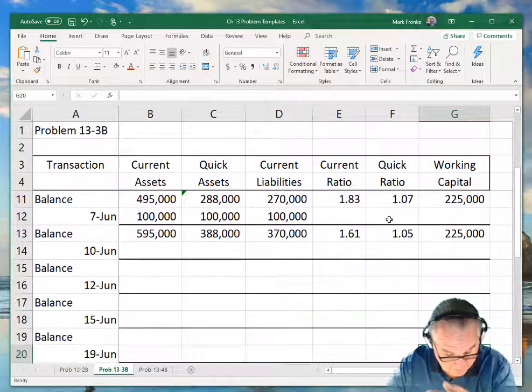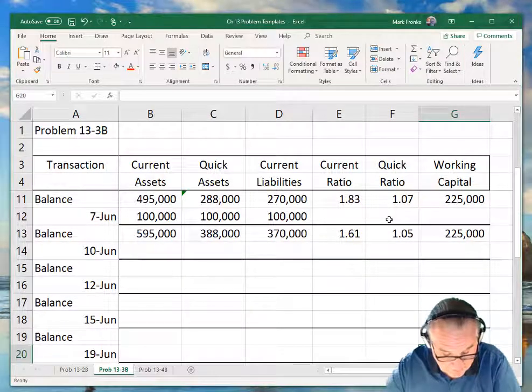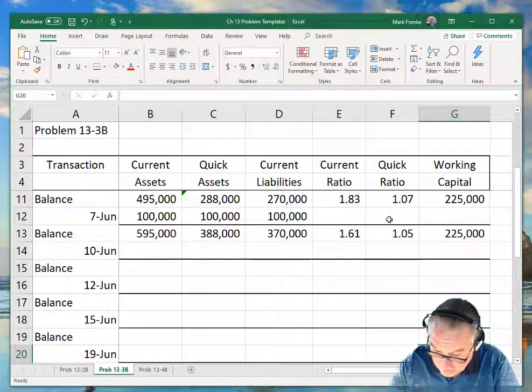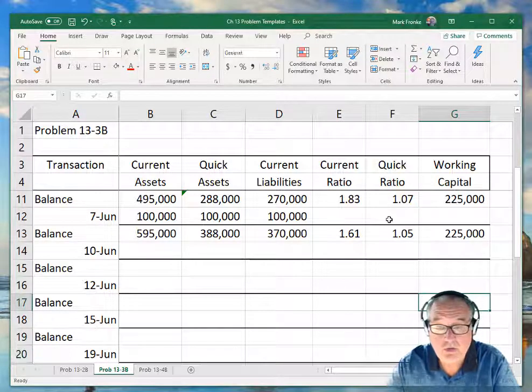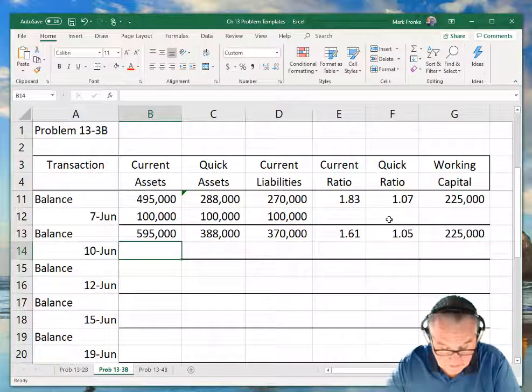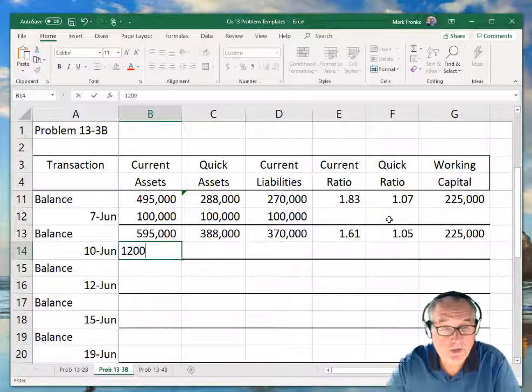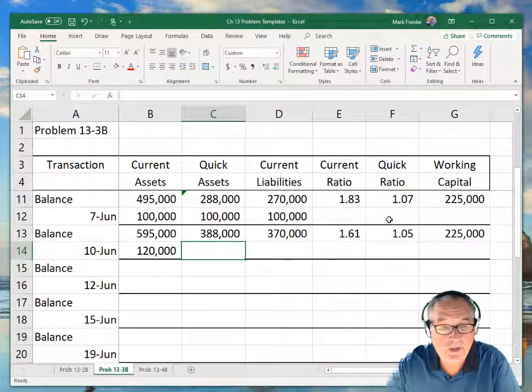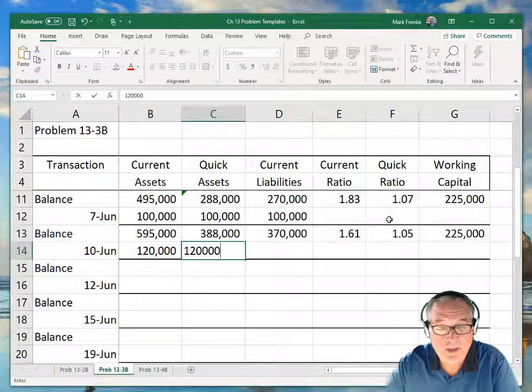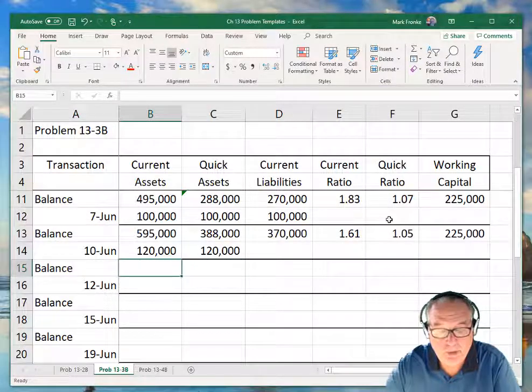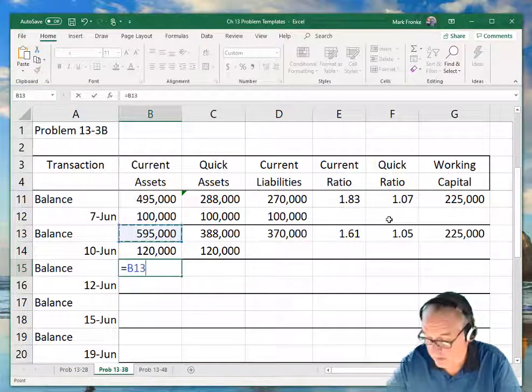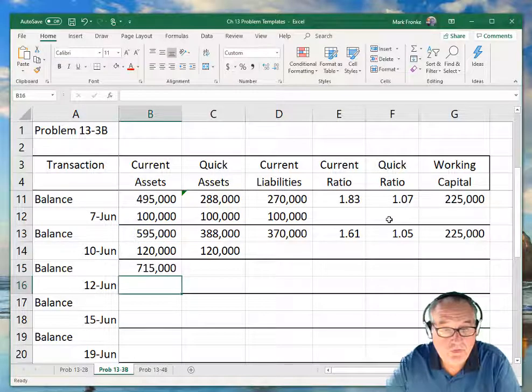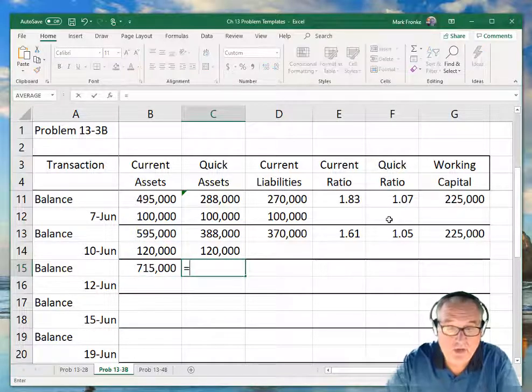On June the 10th, borrowed $120,000 cash by signing a long-term loan. So in this case, we got $120,000 in cash, which is a current asset and a quick asset, and a long-term liability went up, which is not going to affect this calculation at all.